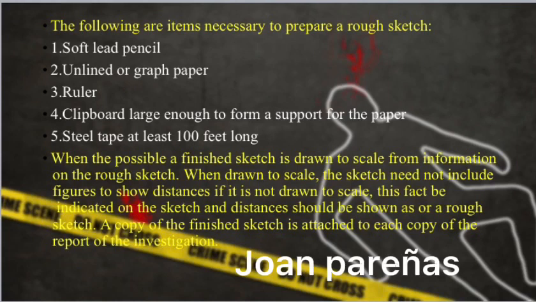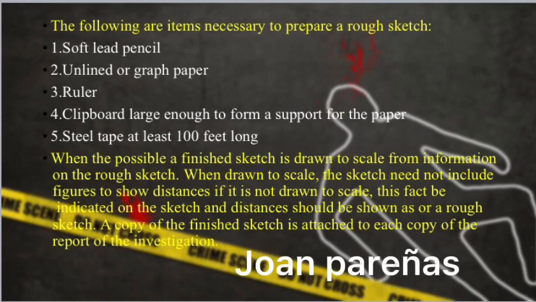When possible, a finished sketch is drawn to scale from information on the rough sketch. When drawn to scale, the sketch need not include figures to show distances. If it is not drawn to scale, this fact should be indicated on the sketch, and distances should be shown as on a rough sketch.